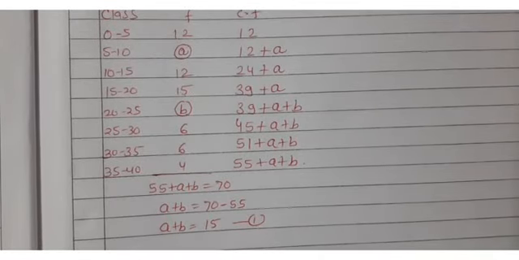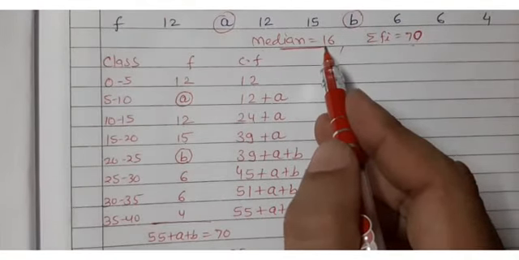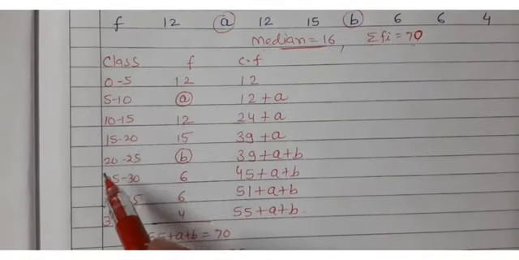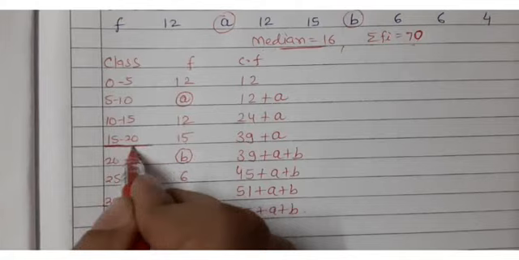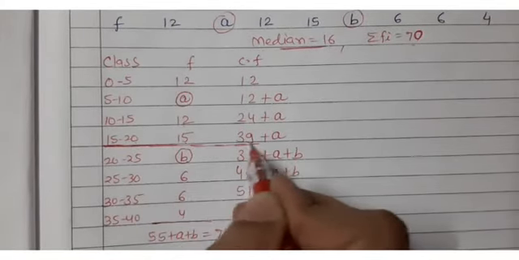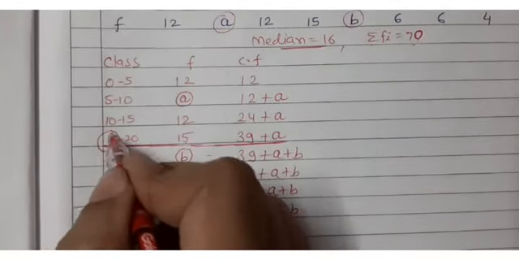Now the median given to you in the question is 16. So it will lie in this block, because here is 15 to 20. Median will lie in this block, so underline it.